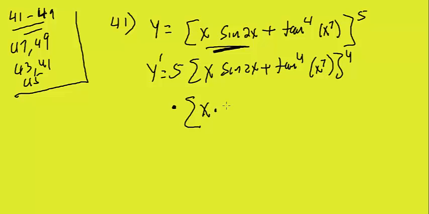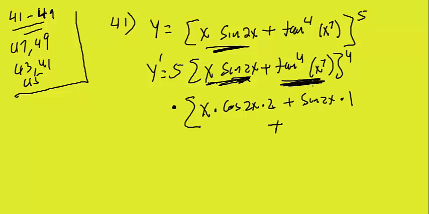First times derivative of the second, derivative of the second, oops, made a mistake. Okay, that's the derivative of the second. Plus second times derivative of the first, which is 1. Okay, this is done. Plus, I'm going here.